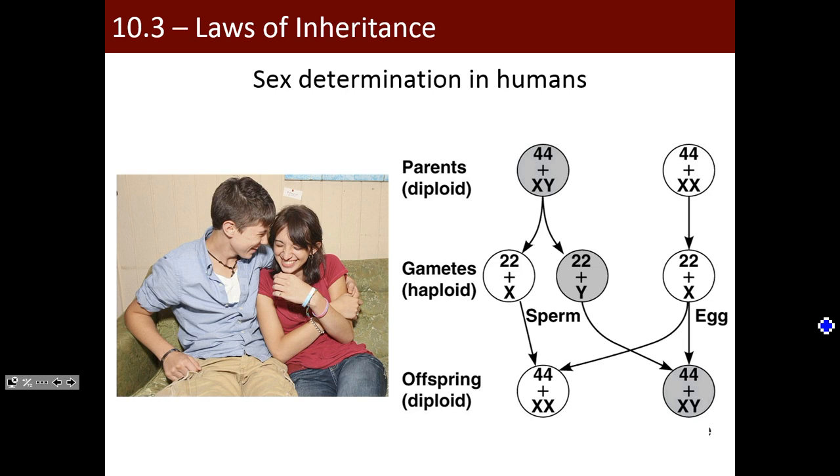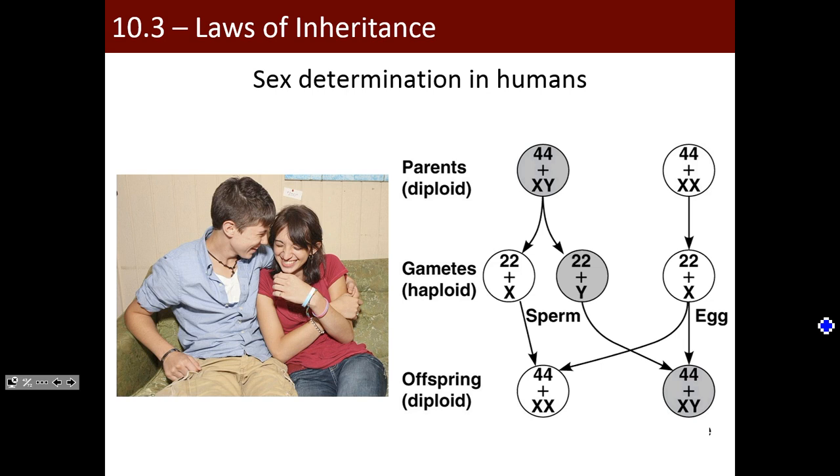This XX individual over here is always going to put an X in the egg. It could be one X or the other X, but every egg gets an X, right? So ultimately, the offspring will have 1 or 2 X's and 1 or 0 Y's. Does that make sense? Okay.